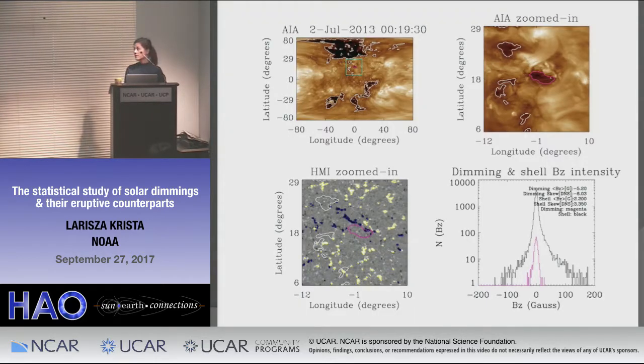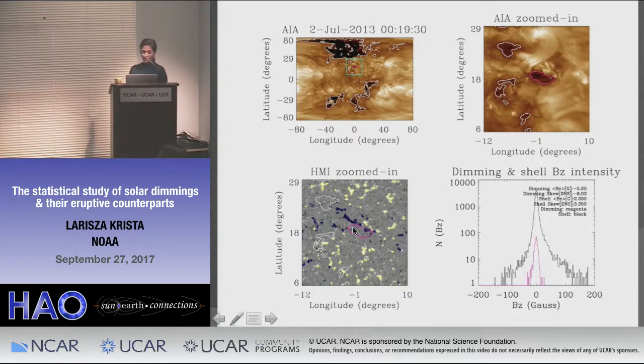And so here is an example output of the algorithm. This is the original Lambert equal area projection map with the region of interest shown in the green box, and the dimming is the pink region inside. Here it is zoomed in, and then the HMI magnetogram sub-image for the same region.